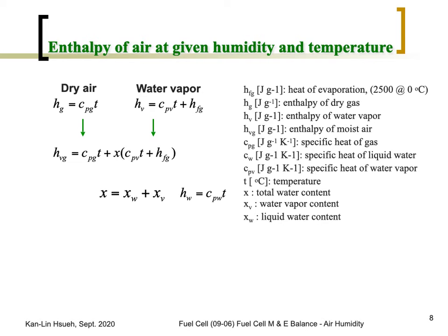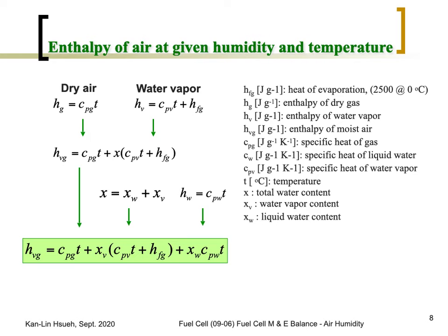The enthalpy of the water droplet is the specific heat of water, Cpw, times the temperature, giving the water enthalpy HW. So for air with water vapor and water droplets, like fog in the air in the morning, the enthalpy can be calculated by this equation.